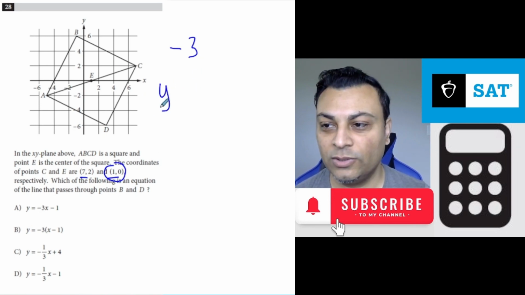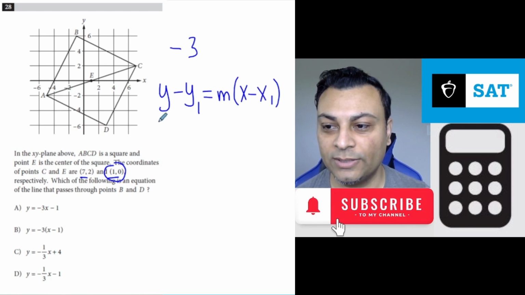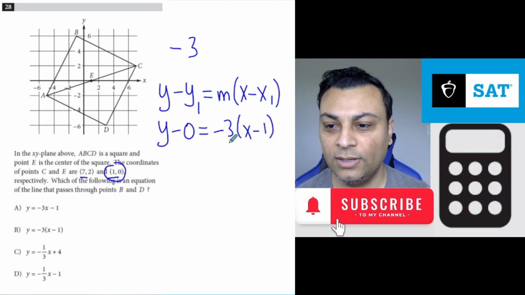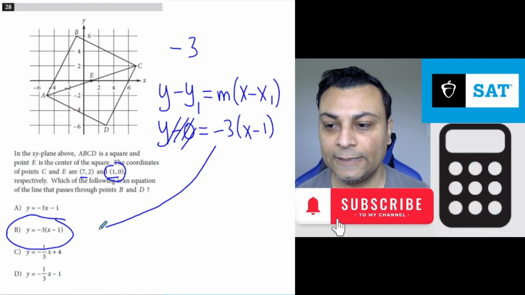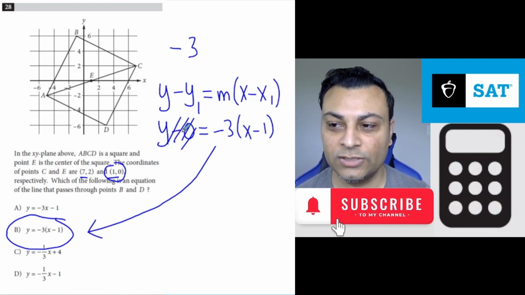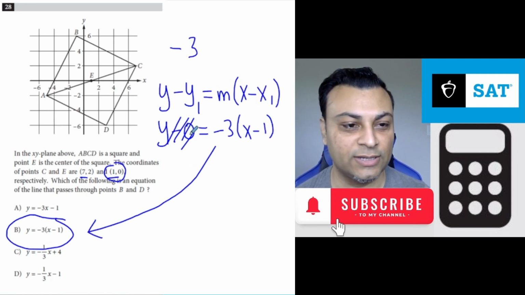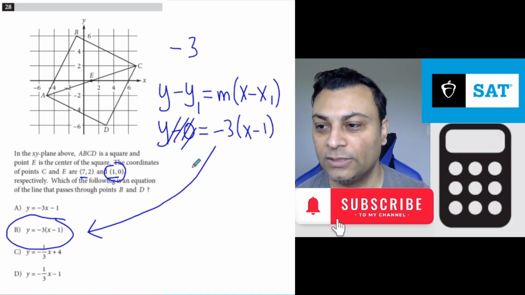It's y minus y1 equals m times x minus x1, and we're going to use y minus 0 equals -3 times x minus 1, and if you remove this minus 0 away, you get this answer, option B. You can see it's exactly the same except the minus 0 is gone, is invisible.